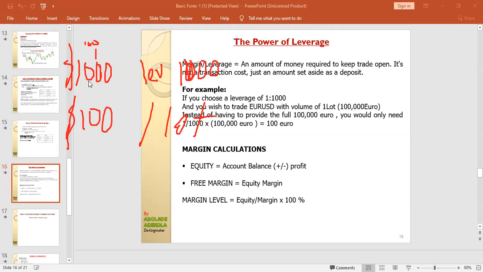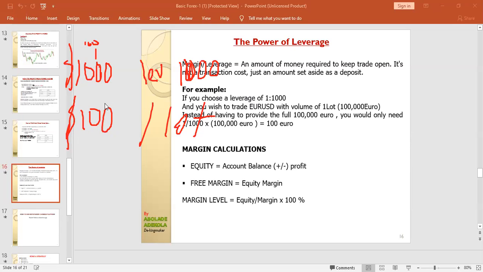The moment you place the trade of one full lot, which is 100,000 units, $100 will be deducted from your account, and it will remain 900. So brokers will keep this $100. This is the money you are using to trade that one lot.